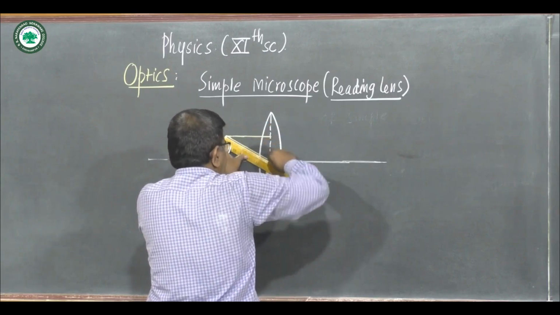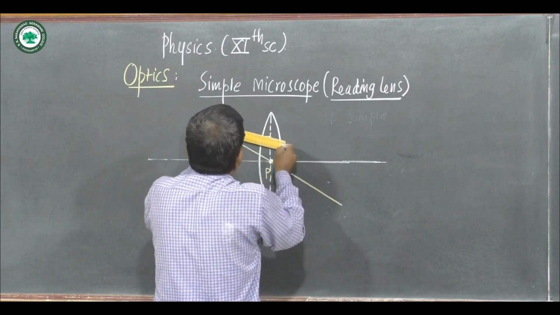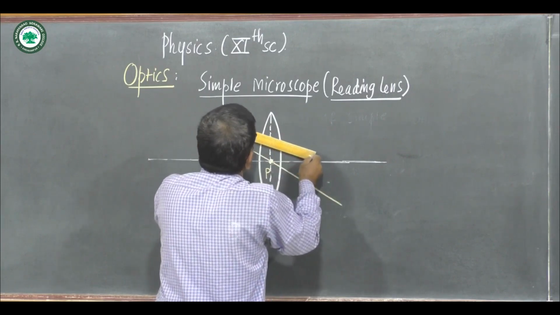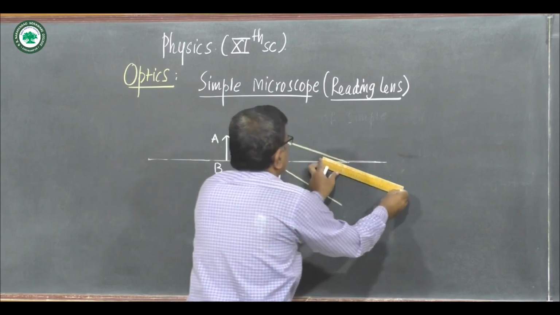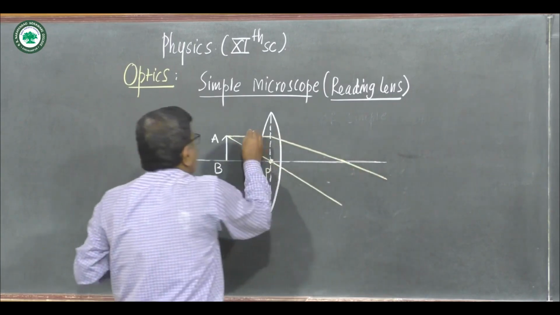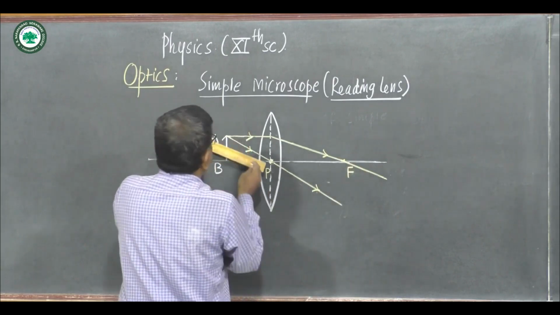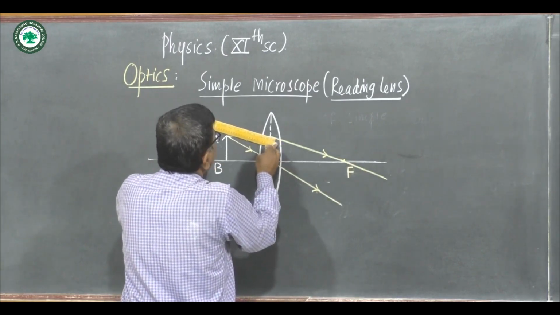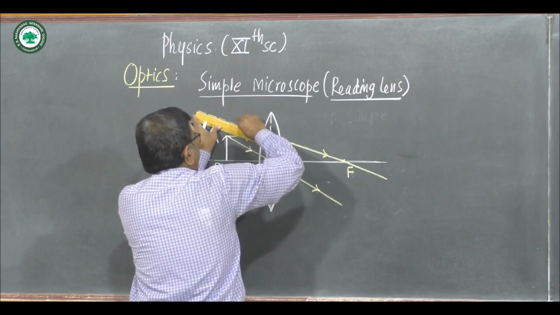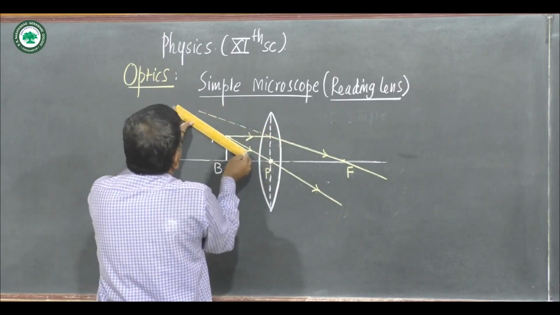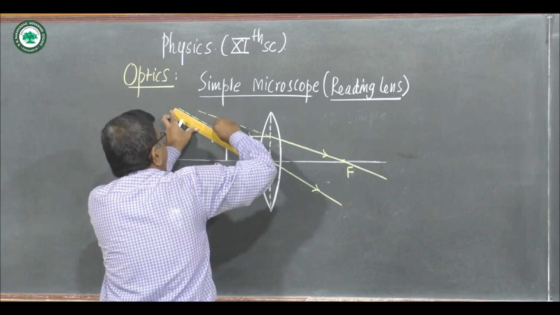These are the incident rays. If these rays are produced, they meet each other at single point, and at that point we get the image.